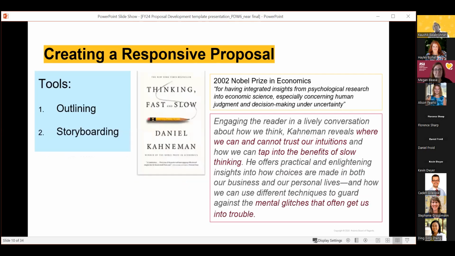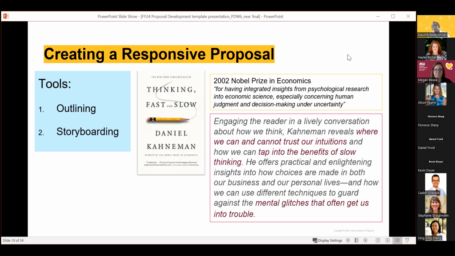Like I said, this is motivated heavily by the Nobel Prize winner in economics, Daniel Kahneman's book, Thinking, Fast and Slow, which talks about 2 systems we have for thinking, which help us, but sometimes don't. When there's a threat in front of us, we know how to get away from it. But when we are working on a proposal, we have plenty of time to think about the ideas we have.